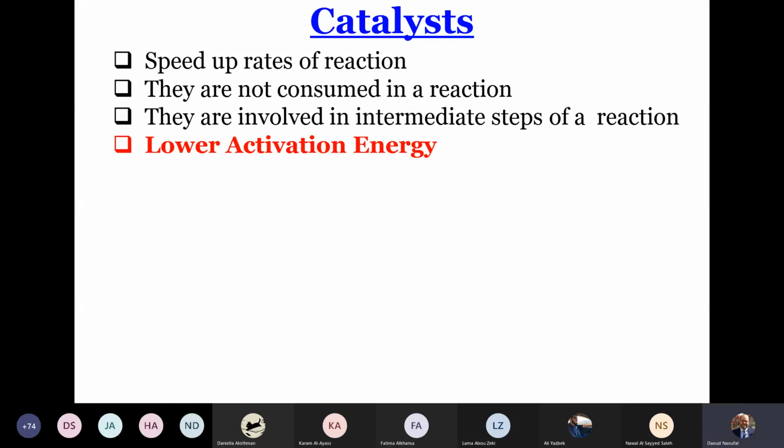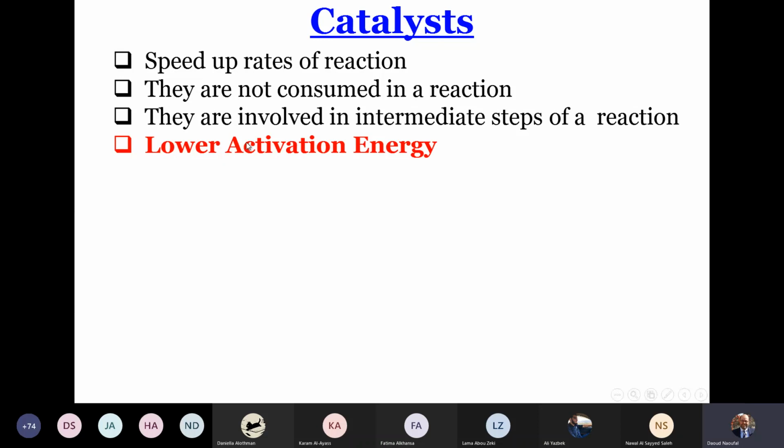So the role of the catalyst is to be a friend of the reactant A and a friend of the reactant B. Since A and B are not in collision, the catalyst will invite A and will invite B, then will cause the collision between A and B.